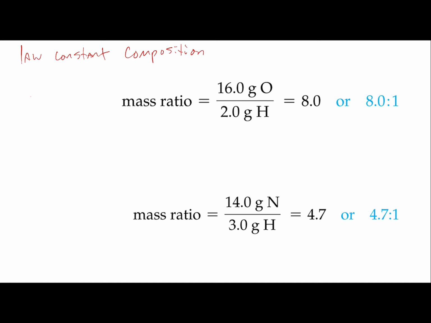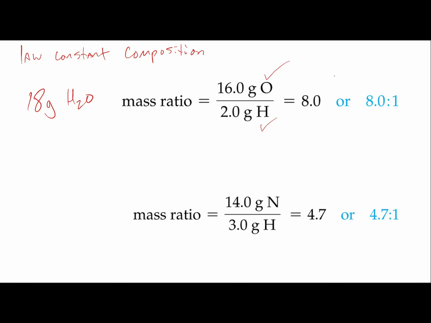And he stated this as the law of constant composition. All samples of a given compound have the same proportions of their constituent elements. So if we were to take, for example, 18 grams of water, and we were to break it down, we would get 16 grams of O and 2 grams of H.